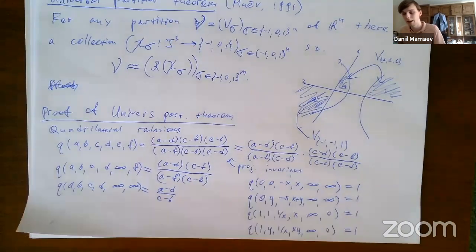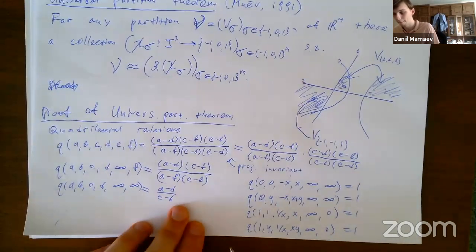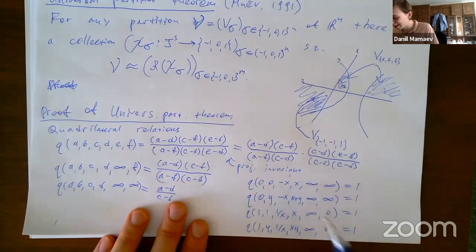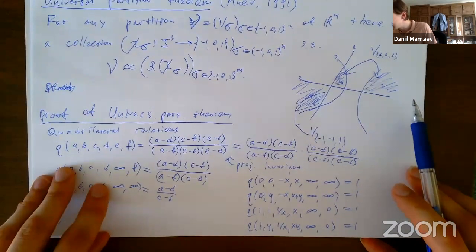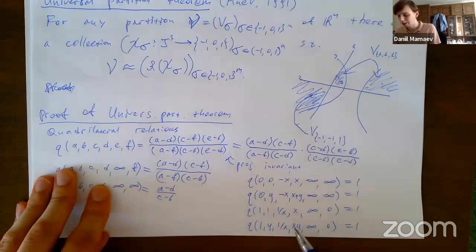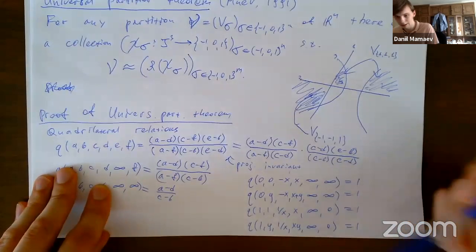If you fix 0, 1, and infinity on your line, then you fix a projective scale, and by checking these quadrilateral relations, you can check whether 2 points give you 0 in sum, or that the sum of 2 points is the third point, or that 2 points are inverse to each other, or that the product of 2 points is a third point.